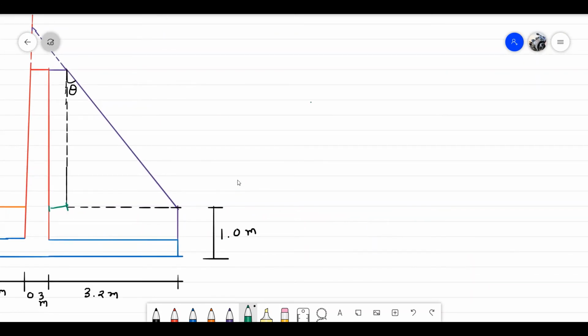So here, tan theta is equal to (3.2 minus 0.2) divided by 7 meter height. So tan theta is equal to 0.428, right?